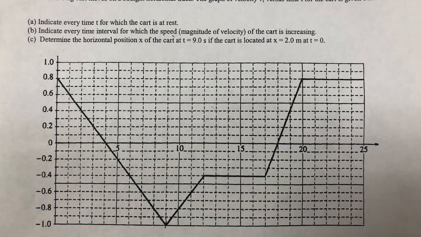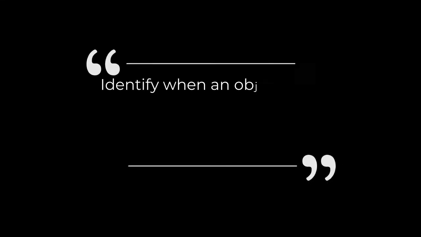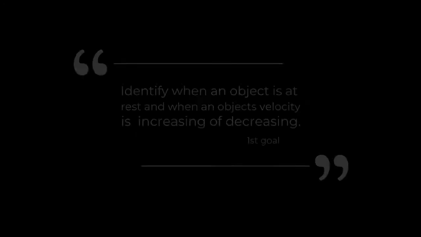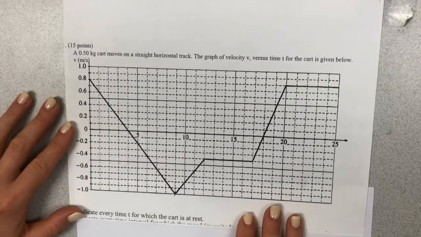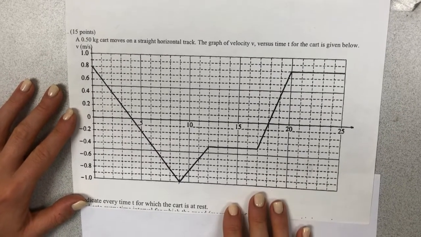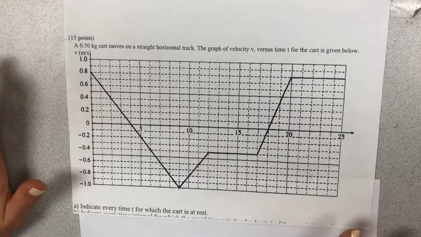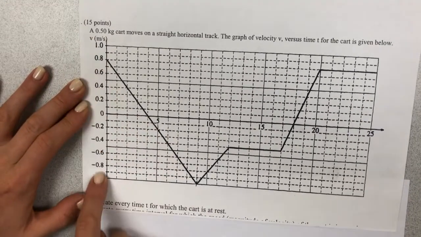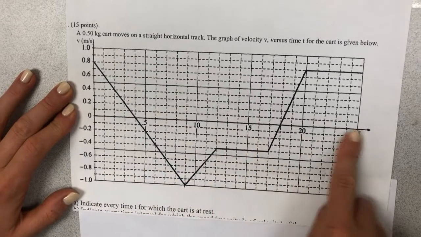Let's take a look at an AP question from 2000. This is our free response question from an AP test from 2000. Before we try and answer the question, let's just understand the graph. So over here we've got velocity, and on this axis we have time.